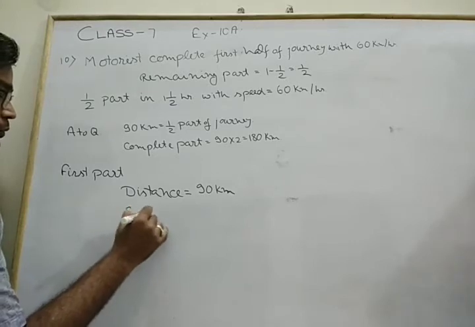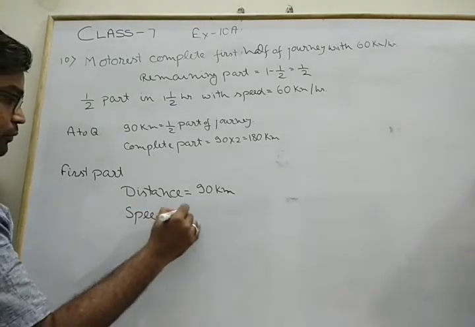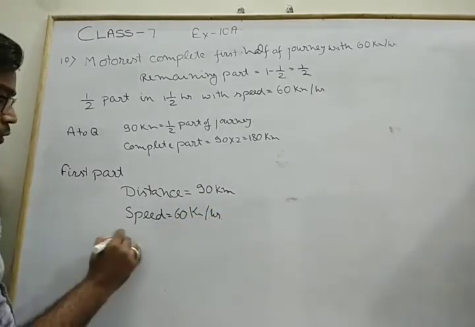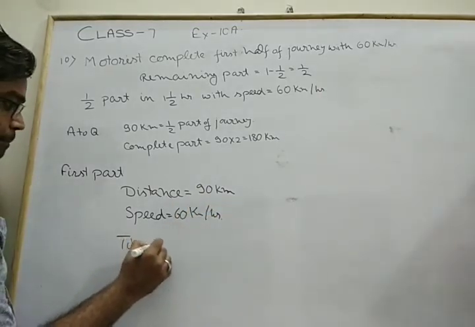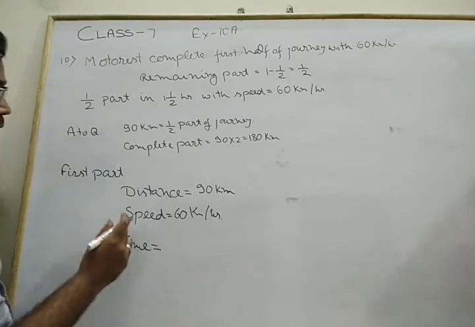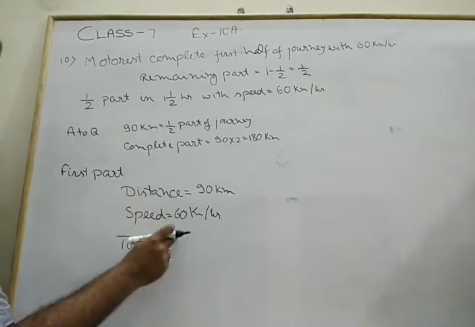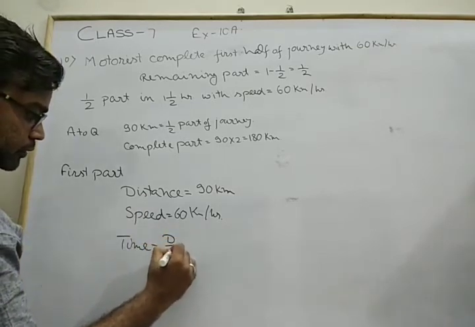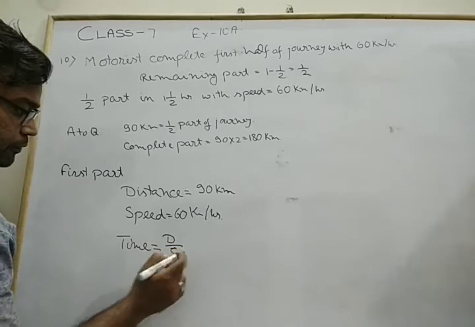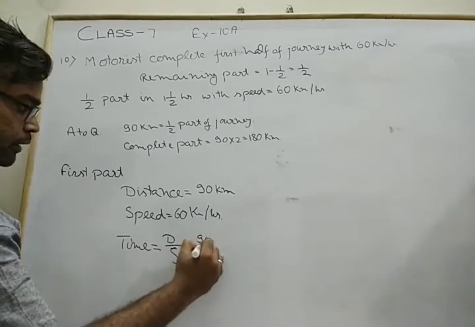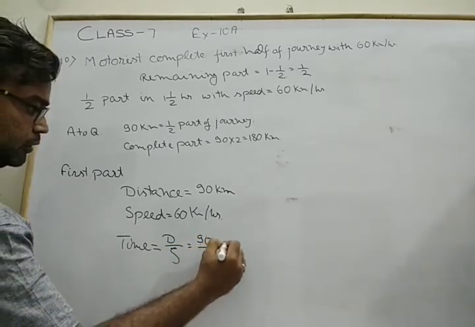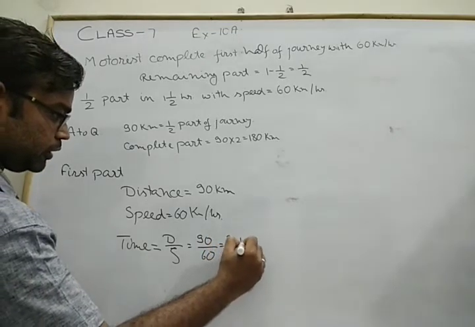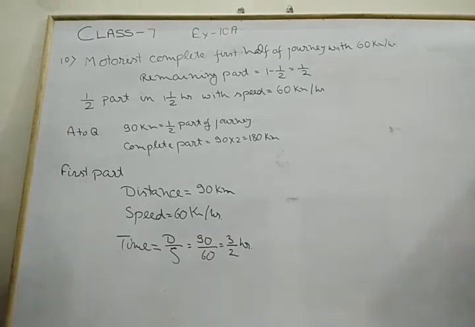Speed we know, 60 kilometers per hour. So time equals distance upon speed. It's 90 upon 60, or 3 upon 2 hours. So this is the first part.